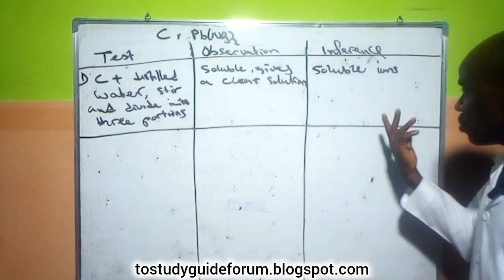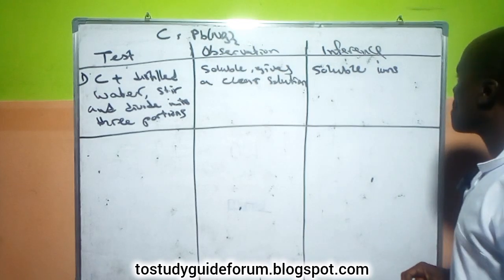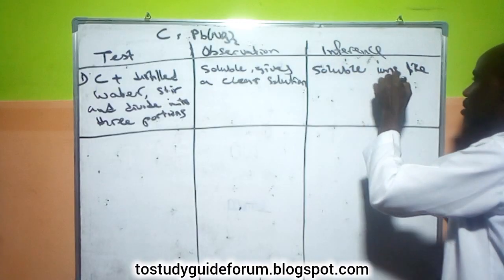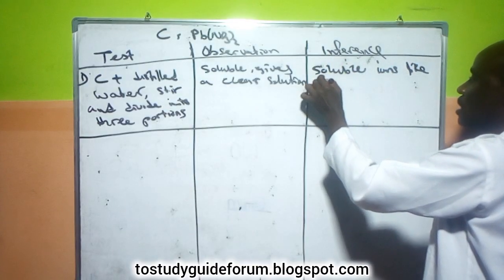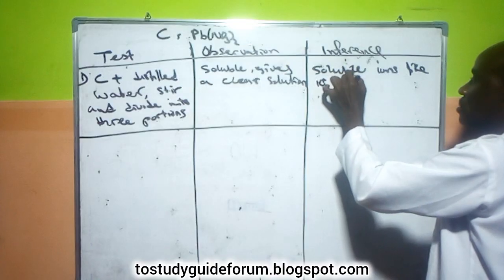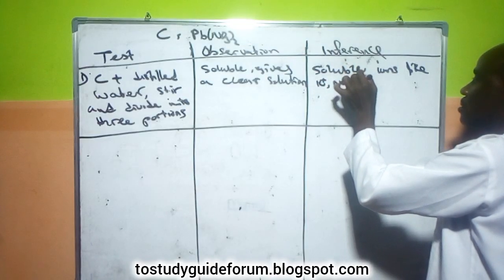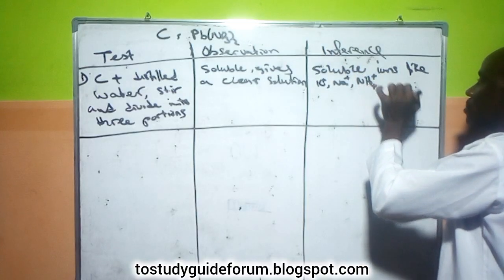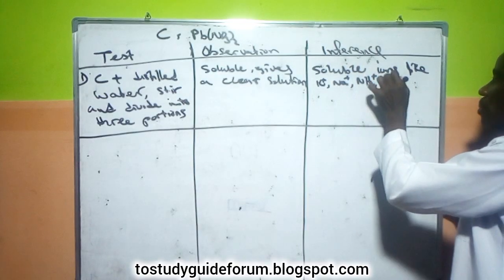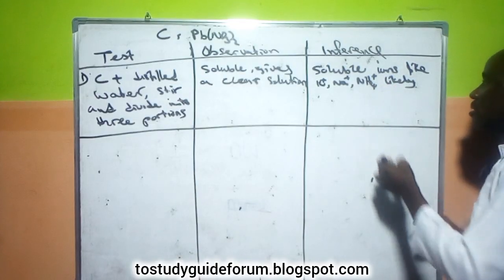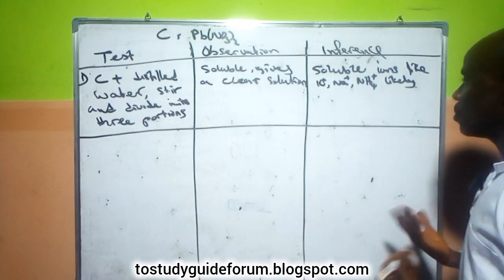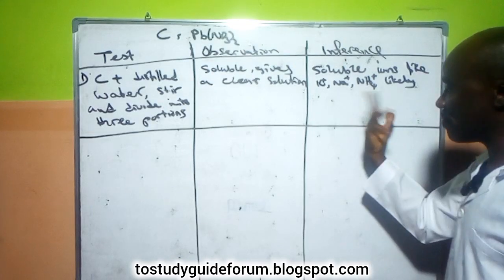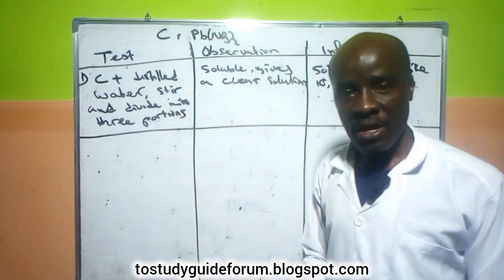They are all very, very soluble in every case. Personally, most times I like writing it this way: potassium ion, sodium ion, and ammonium ions likely present. That's why I feel that adding them might not be a great issue.